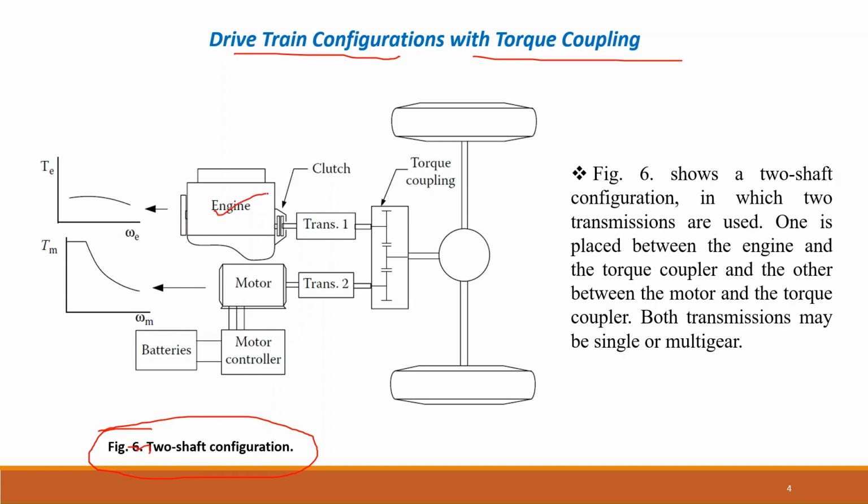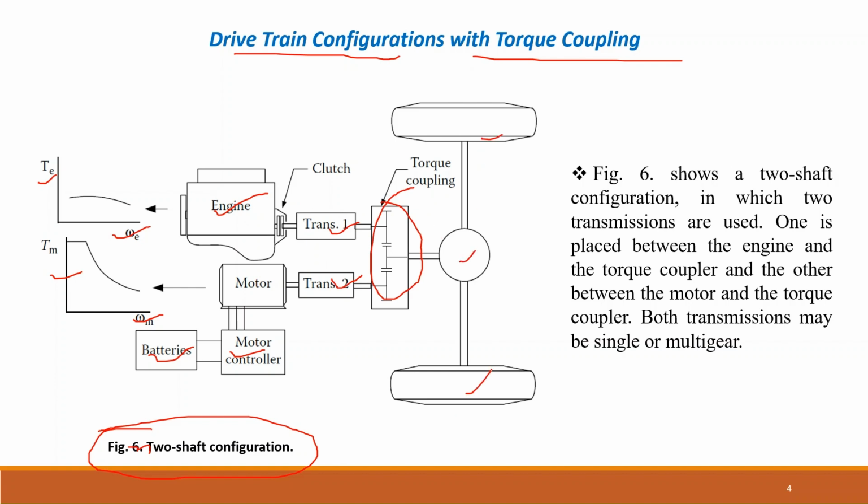This is the engine, with the tractive effort and speed characteristics shown. This is the motor, with the torque and angular speed characteristics shown. These are the batteries, this is the motor controller, this is transmission 1, this is transmission 2, and these are the clutches. And this is the torque coupling device, finally connected to the shaft and the drive wheels.